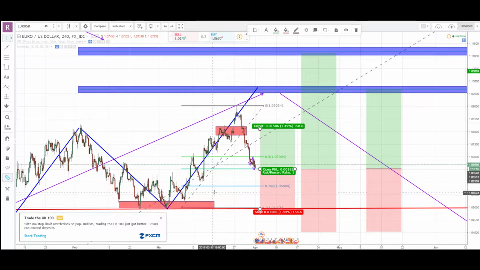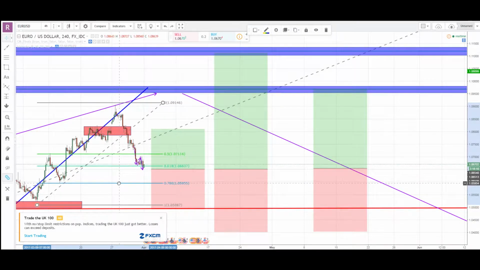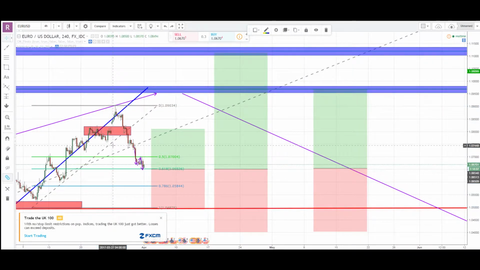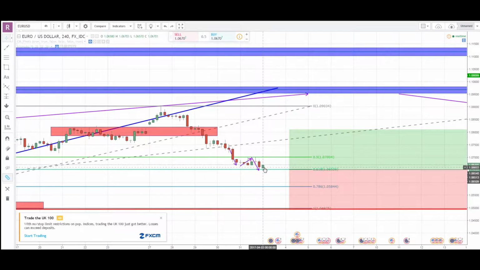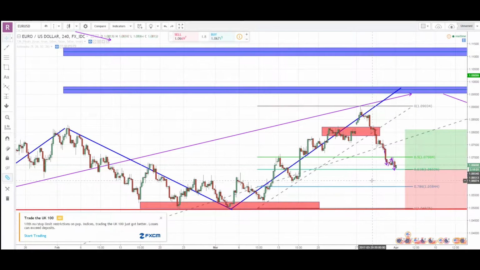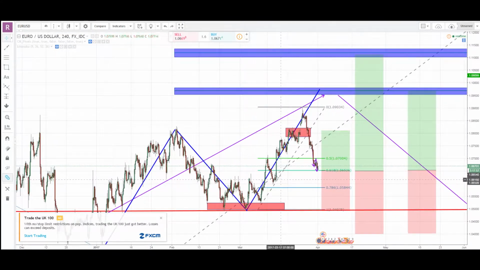It should not reach lower. As you can see, there's a new bar coming right down green from 4 hours, which is pointing up, so it should be the right direction.